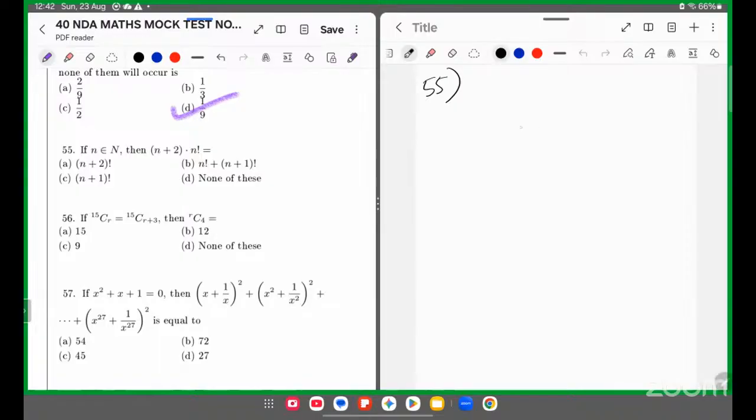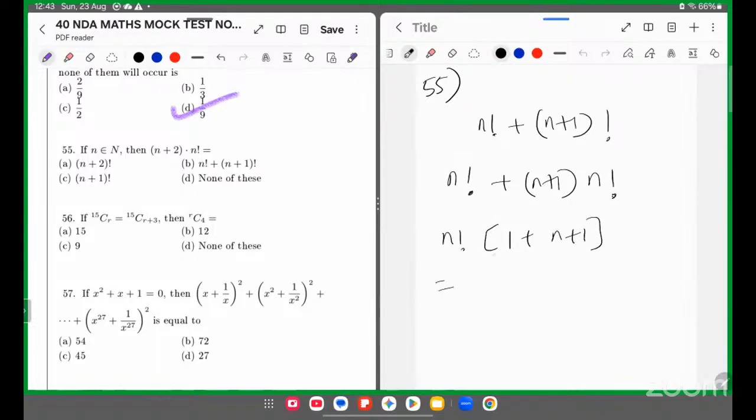When you write n factorial plus n plus 1 factorial, I can write n plus 1 into n factorial plus n factorial, taking n factorial common, that is 1 plus n plus 1.